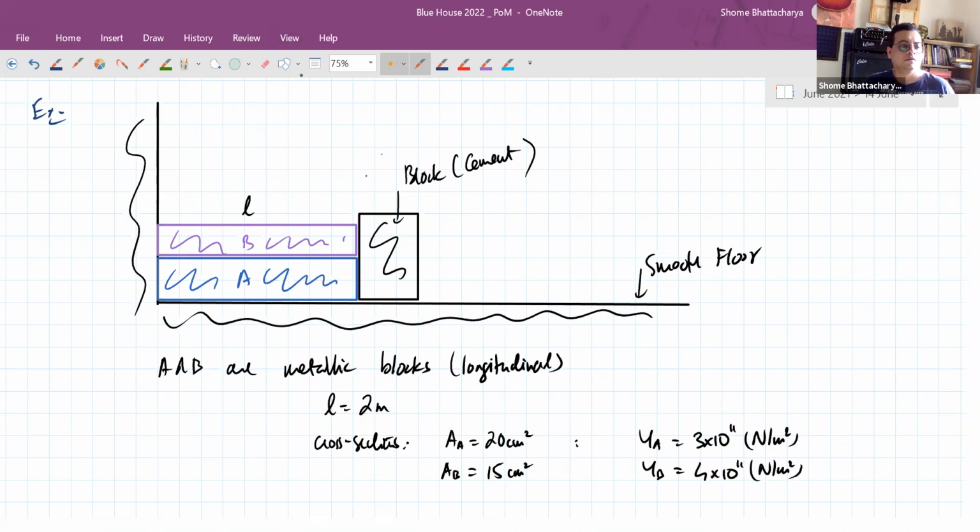Like this. Now we want to apply a force like this on this block so that the cement block gets pushed through a certain distance. You have to calculate that force.